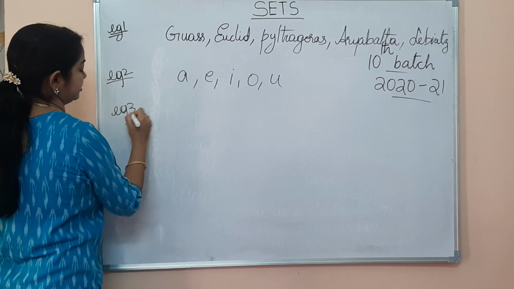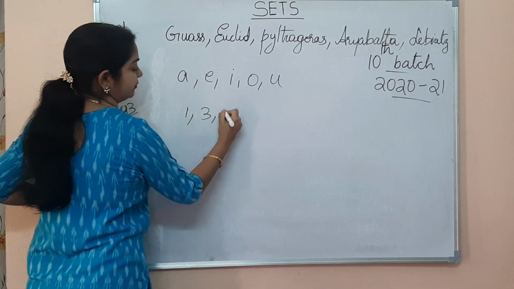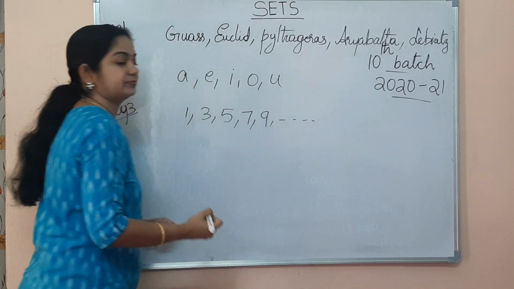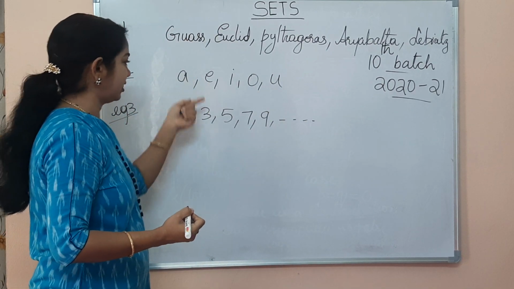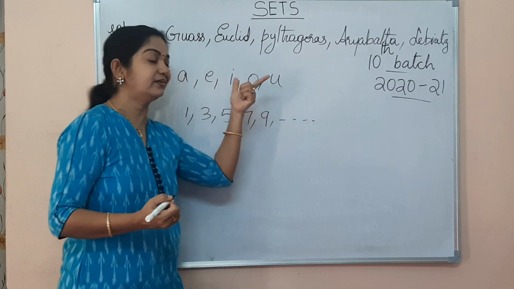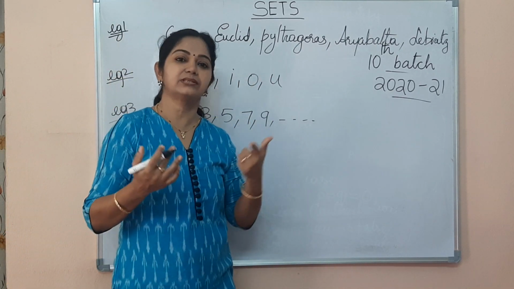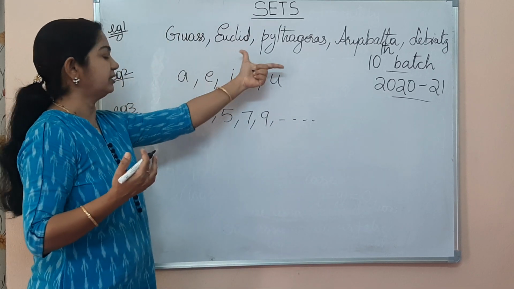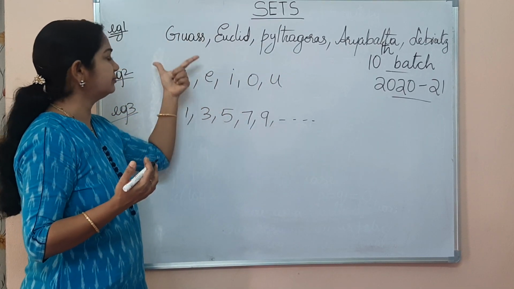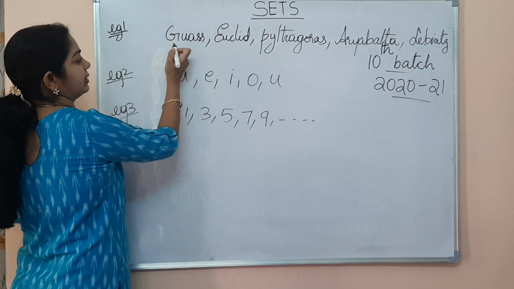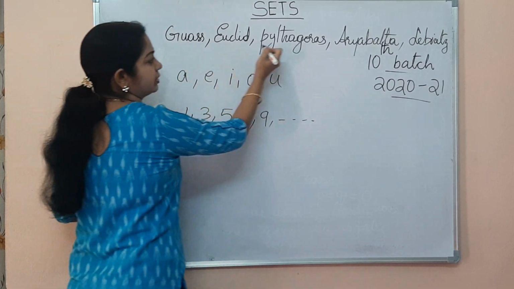Another: 1, 3, 5, 7, 9 and so on. Okay. So these three I've given you as examples. They are collections of some ideas or objects or things. In these three you can observe that here I have written Gauss, Euclid, Pythagoras.